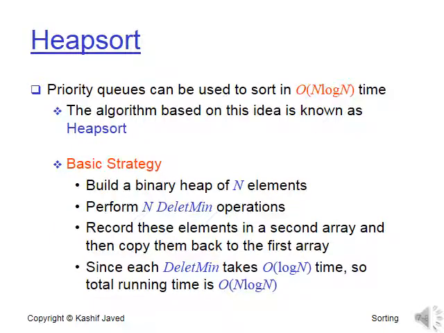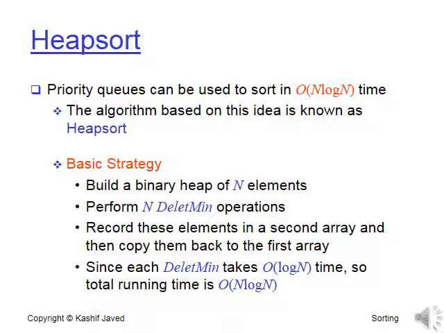We have already been acquainted with priority queues in chapter 6, thus we can use them to sort the elements in order n log n time. An algorithm based on this idea is known as heap sort. The basic strategy is to build a binary heap of n elements, then perform n delete minimum operations.